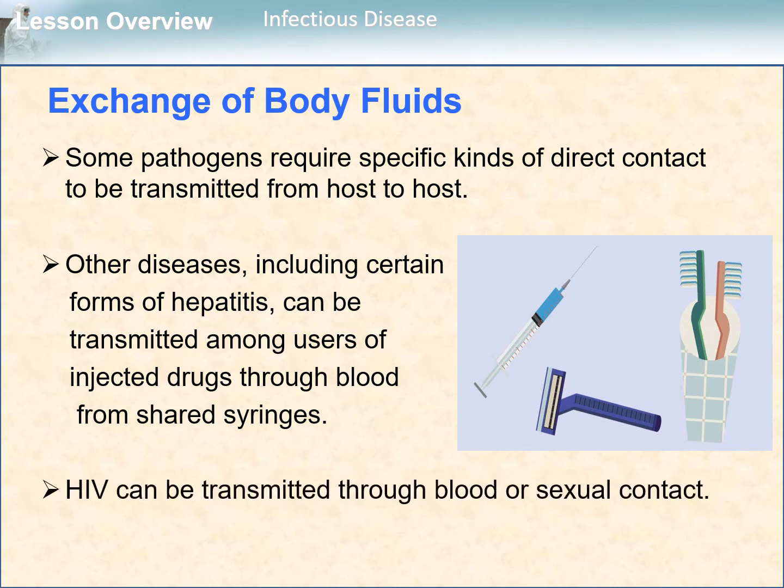HIV can be transmitted through blood or sexual contact. And the pandemic disease that we are facing nowadays, COVID-19, is also spread through exchange of body fluids, and it could also be through direct and indirect contact, such as coughing and sneezing.